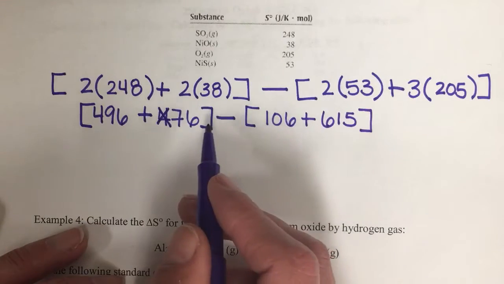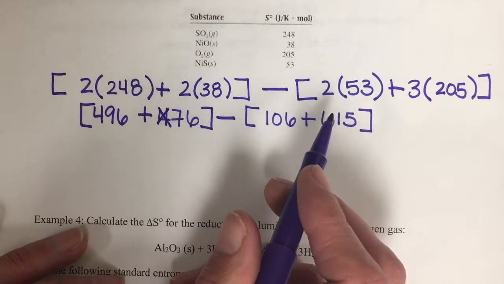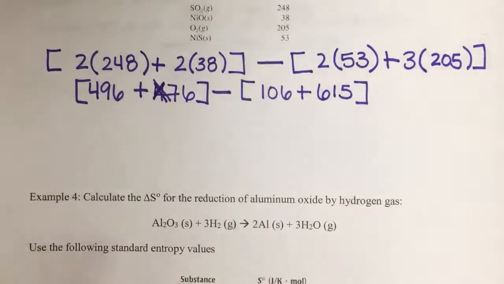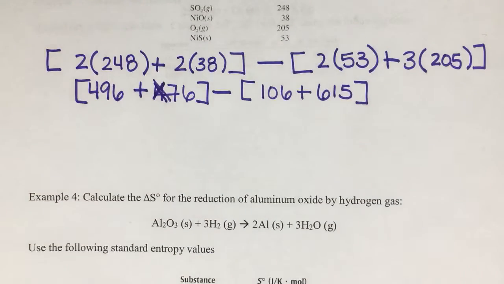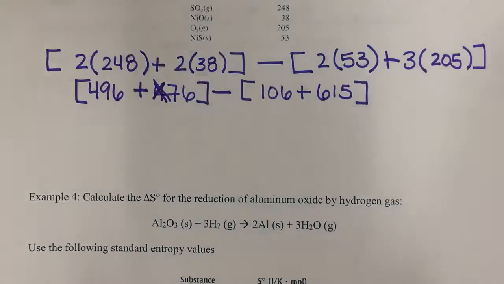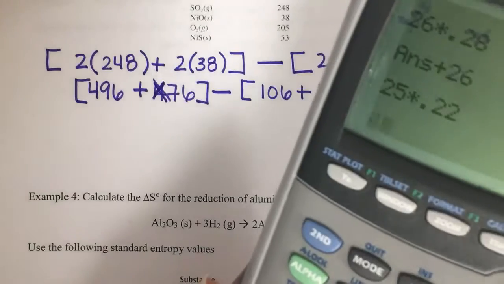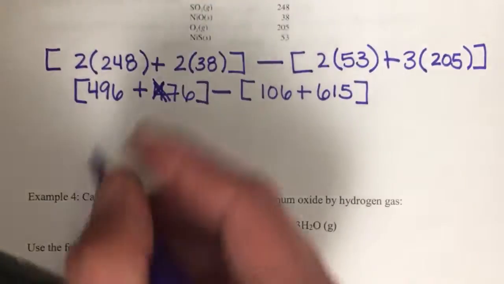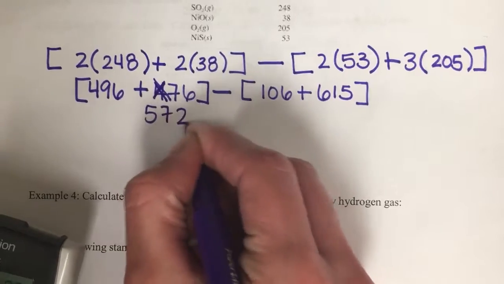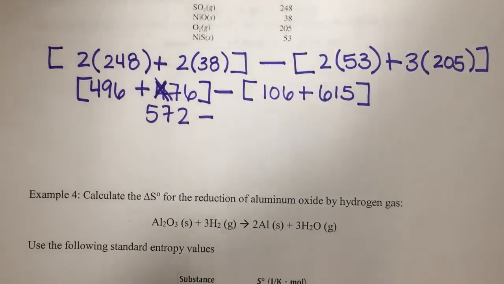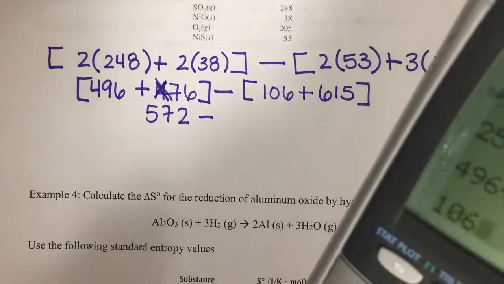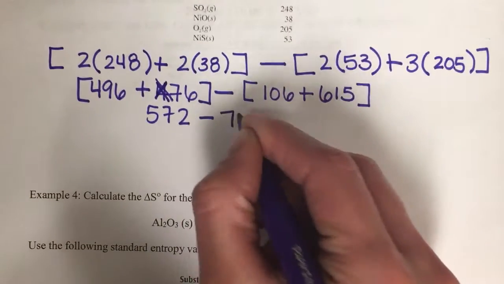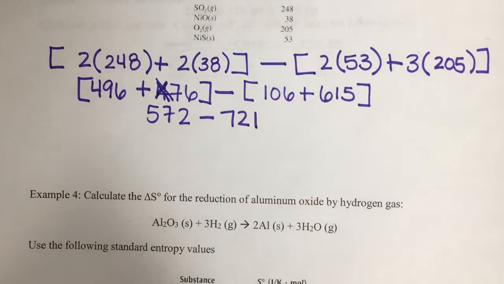So then I'm going to tally these up and subtract. 496 plus 76 is 572, minus 106 plus 615 is 721.